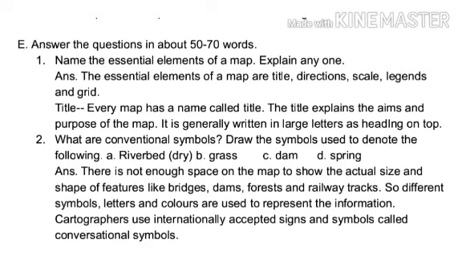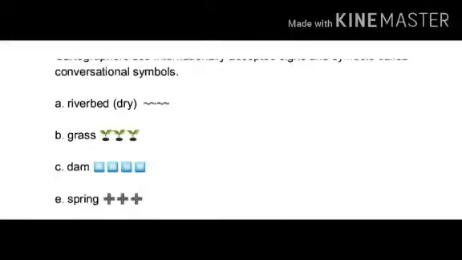So different symbols, letters, and colors are used to represent the information. Cartographers use internationally accepted signs and symbols called conventional symbols. The conventional symbols of riverbed dry, grass, dams and spring are given as beside.